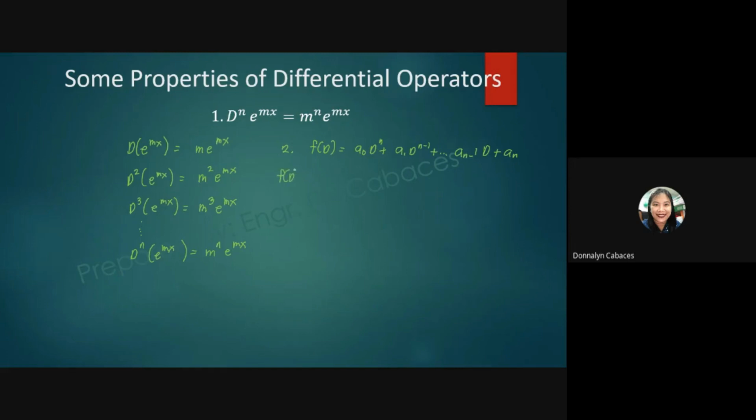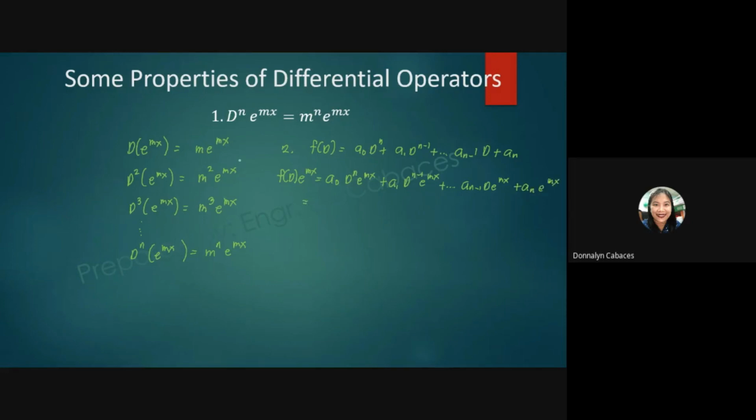So f of d, applying e to the mx, is equal to a0 d to the n e to the mx plus a1 d to the n minus 1, sorry, that is d to the n minus 1 e to the mx plus up to a sub n minus 1 d e to the mx plus a sub n e to the mx.